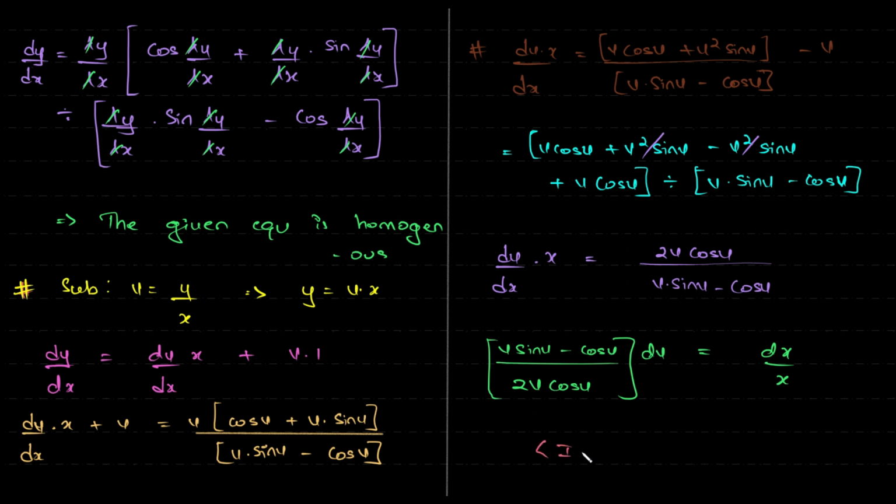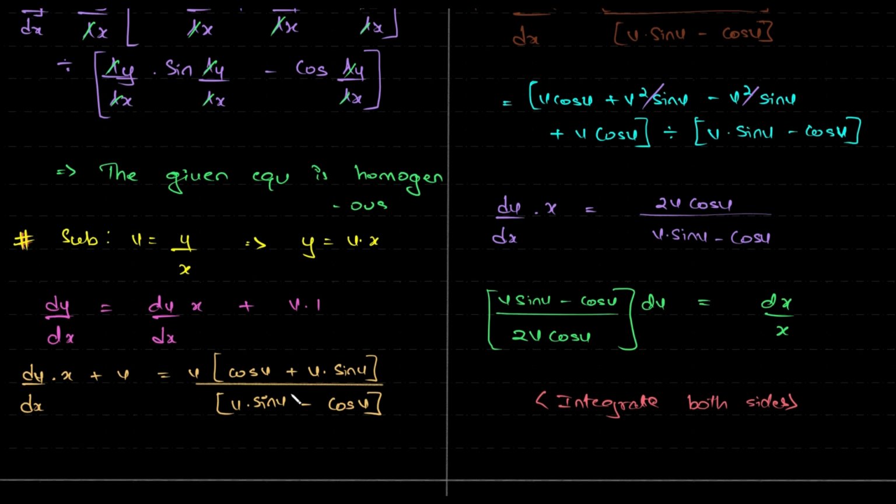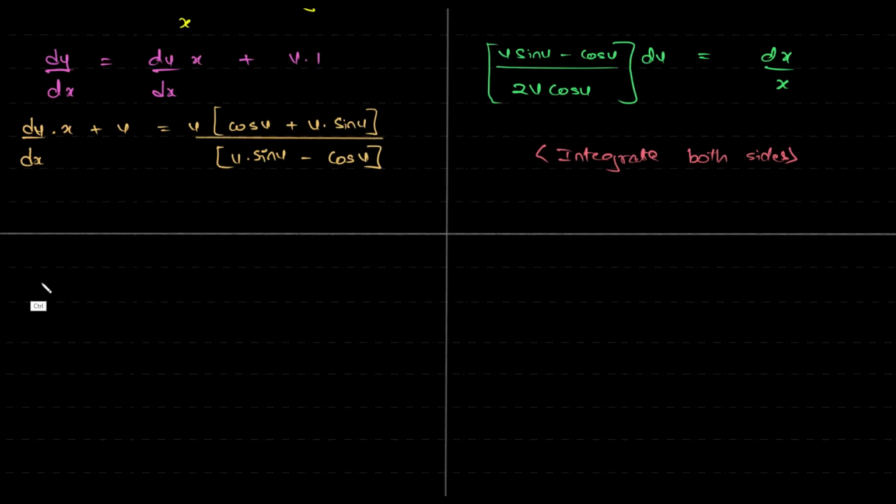So next step would be to integrate both sides. And now we can use distributive property to write this as v sin v by 2v cos v minus, okay, into dv actually.